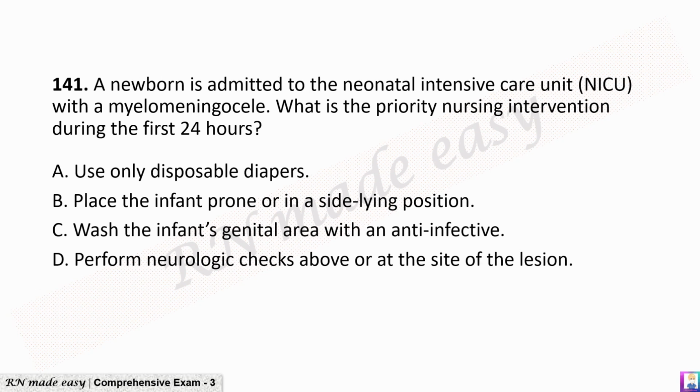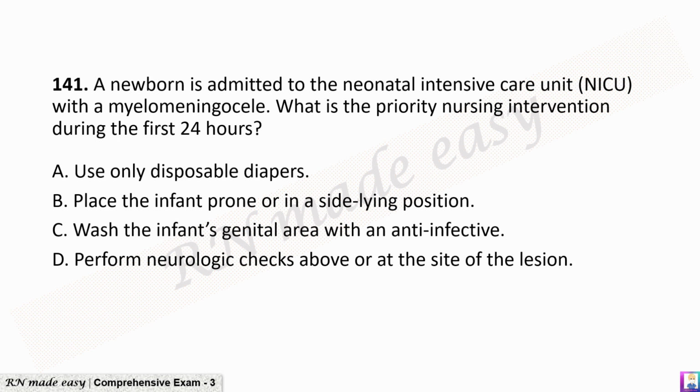Question 141. A newborn is admitted to the neonatal intensive care unit, NICU, with a myelomeningocele. What is the priority nursing intervention during the first 24 hours? A. Use only disposable diapers. B. Place the infant prone or in a side-lying position. C. Wash the infant's genital area with an anti-infective.